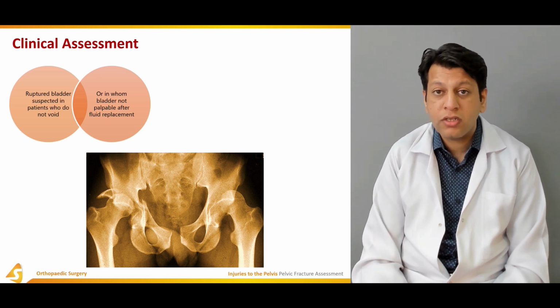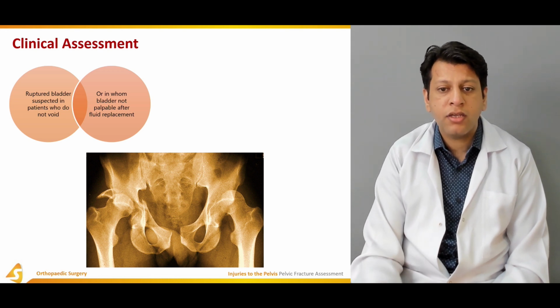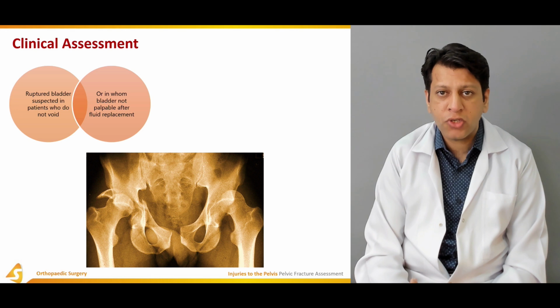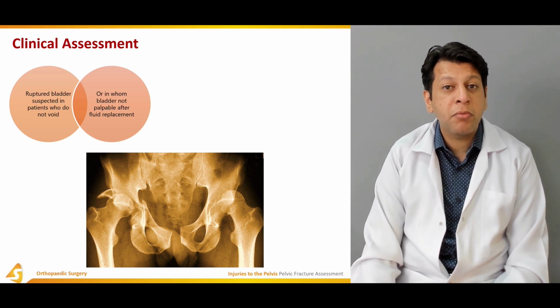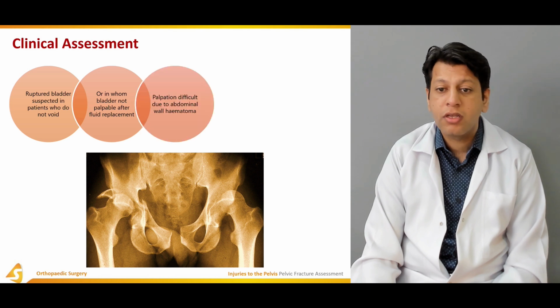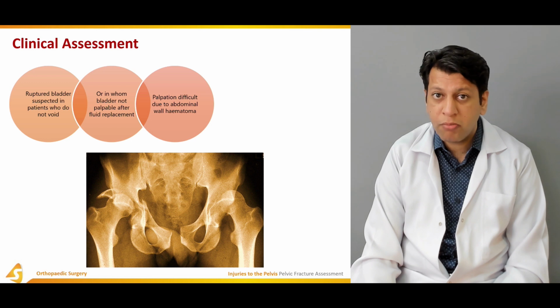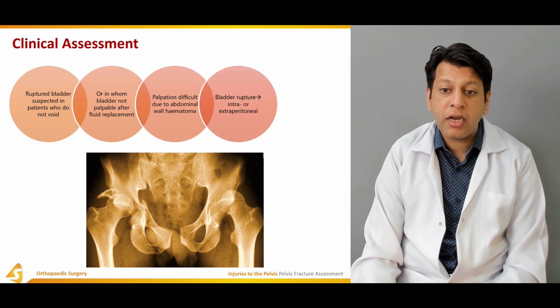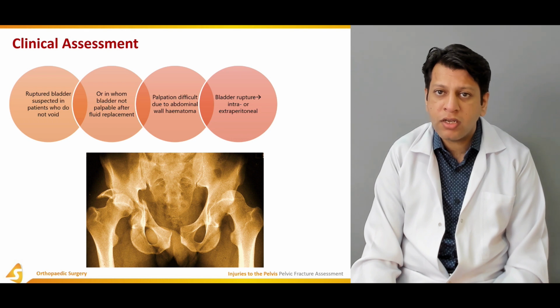How to assess whether it is not the urethra but rather a bladder injury? The patient may not have voided, and the bladder may not be palpable after the fluid replacements. Palpation may be difficult due to abdominal wall hematoma, and bladder rupture could be intra- or extraperitoneal. If it is extraperitoneal, there will be increased swelling in the pelvic region as well as over the medial or anteromedial aspect of the thigh.